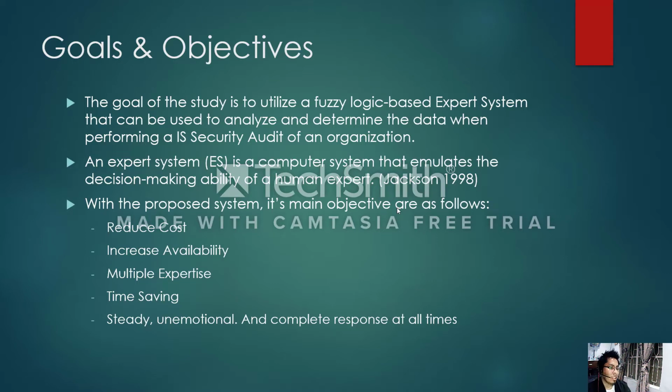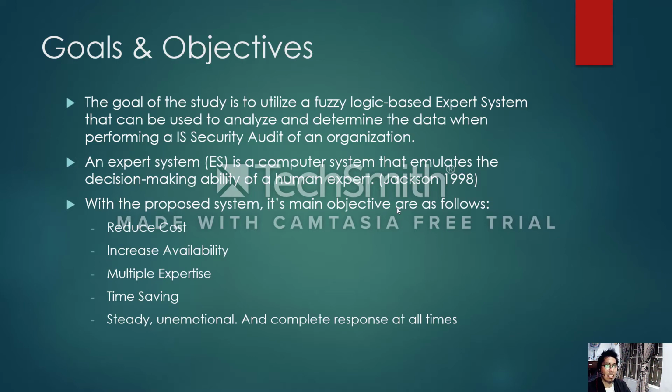So, an expert system, or an ES, is a computer system that emulates the decision-making ability of a human expert. That is based on Jackson, 1998. Basically, it is a computer system-based tool that can simulate or emulate the ability of a human to make decisions based on the input variables that we have.